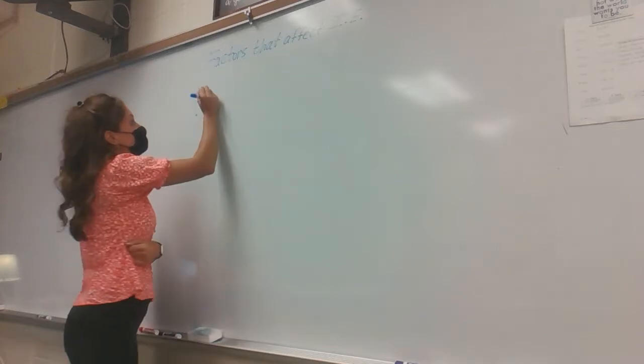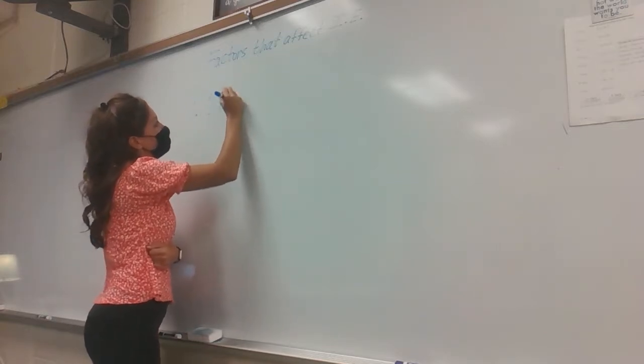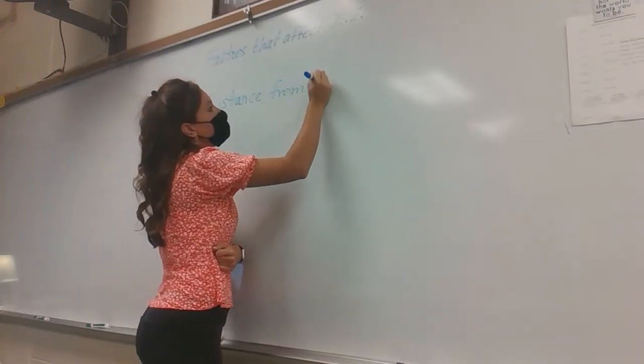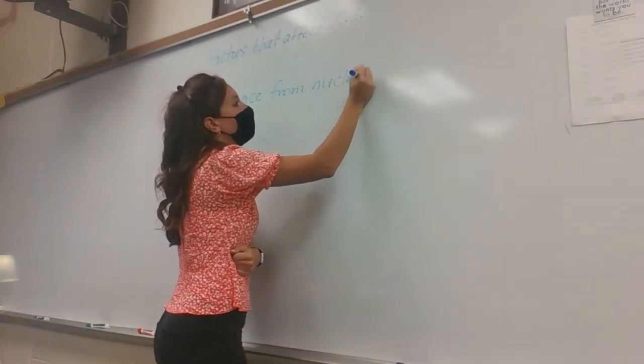The first one is the distance from the nucleus. That has the largest effect on ionization energy.